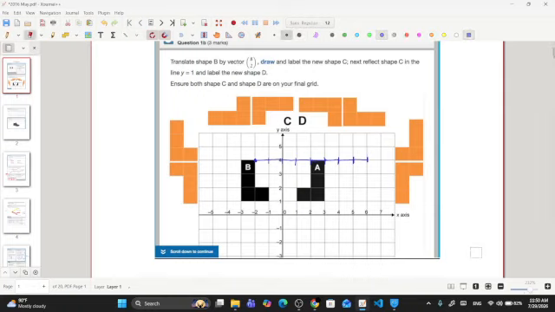So the point where this region should exist is this one. This is going to be shape C.